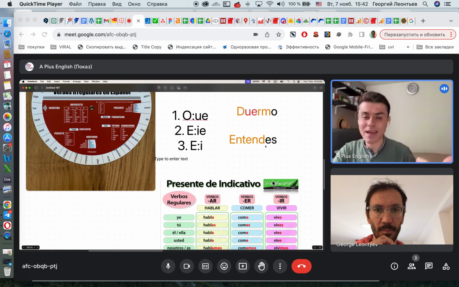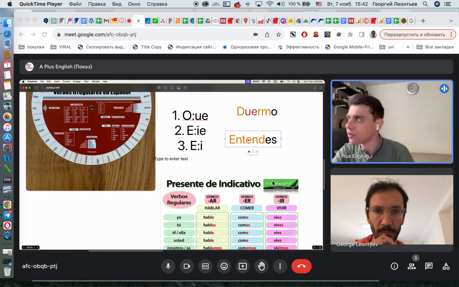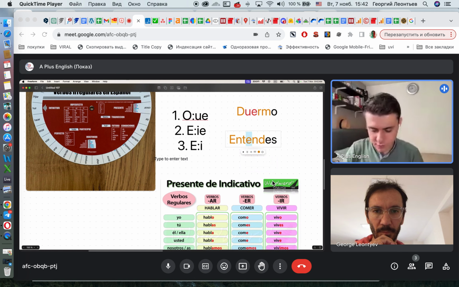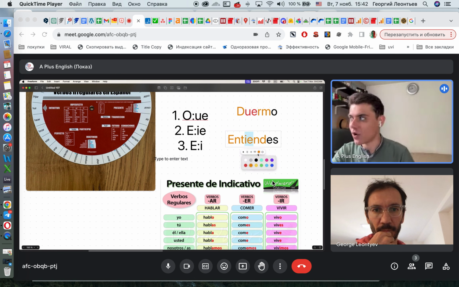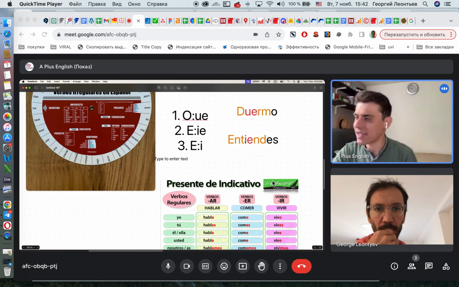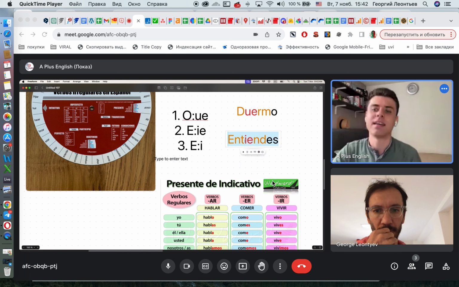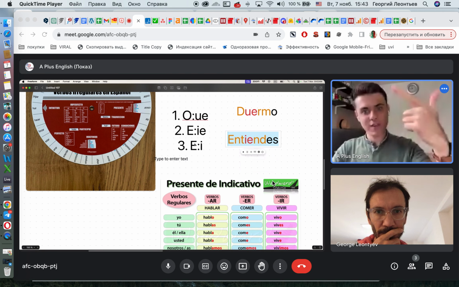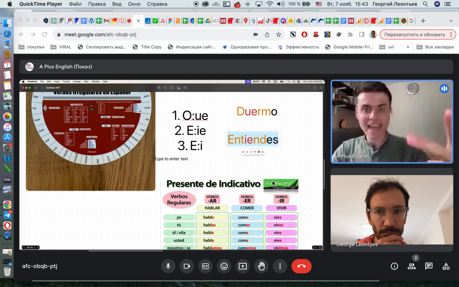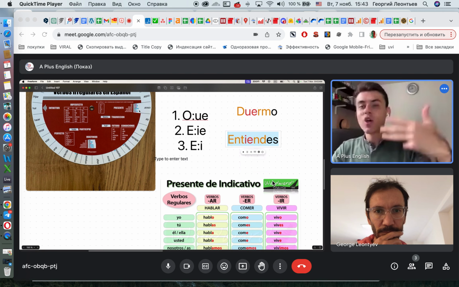But the verb entender is not regular, it's stem-changing. So this E, we're going to switch for an IE. And that is what you should be seeing over there for tú. Entender for tú is entiendes. You see it there in the table. So the verb entender for yo, it's entiendo, tú entiendes, él, ella, usted entiende.